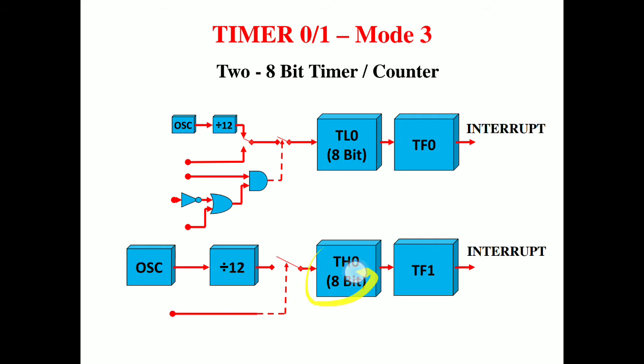So while using timer 1 as a counter or timer, we are not able to control it with the help of the start bit, the stop bit, or detection of the overflow condition.